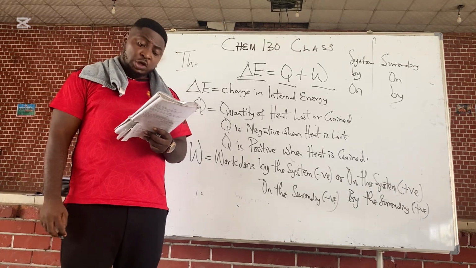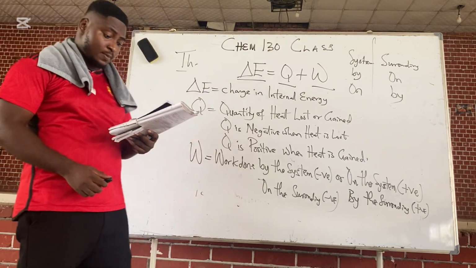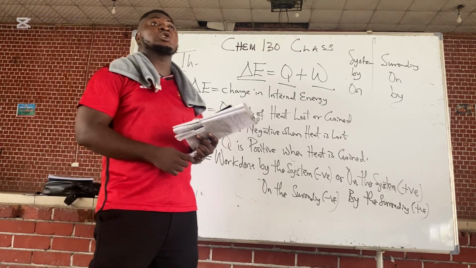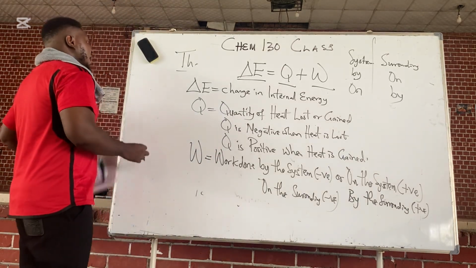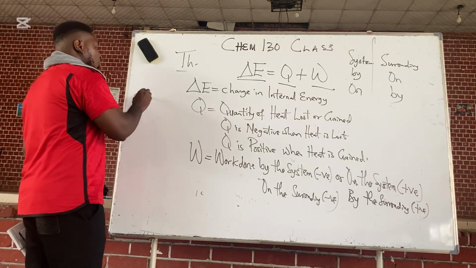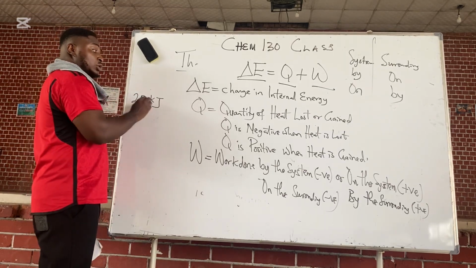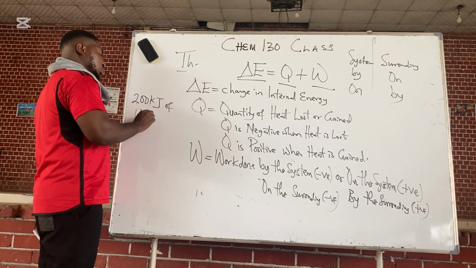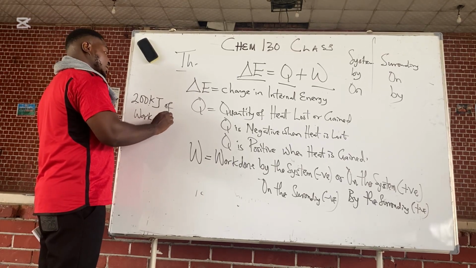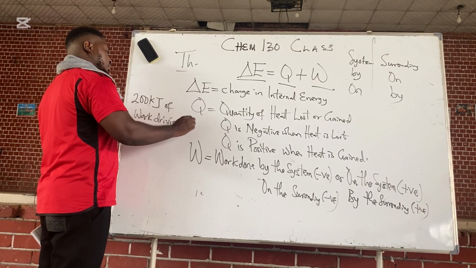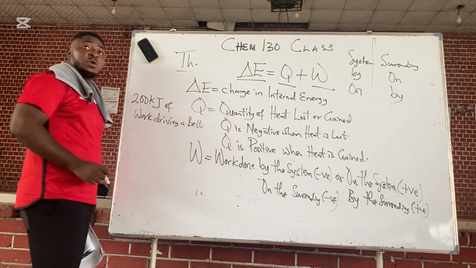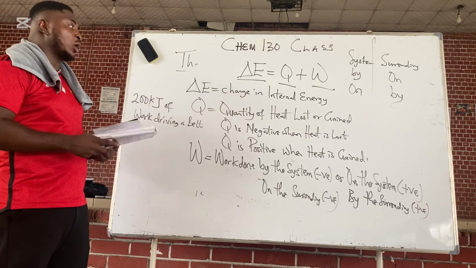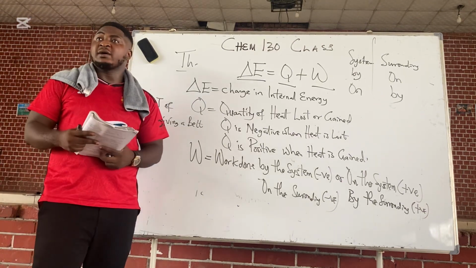An electric motor does 200 kilojoules of work driving a belt.